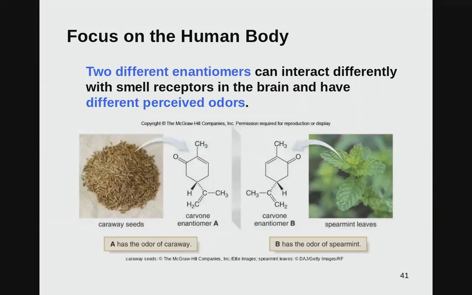But then you guys have probably smelled spearmint. Again, enantiomers to one another, same exact structure, similar 3D arrangement of molecules, but again, flopping over that 3D line. Why is that? Well, they have different shapes, so they interact with the receptors in a different fashion.